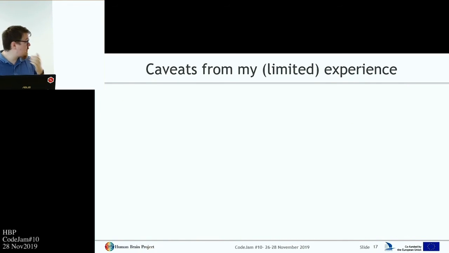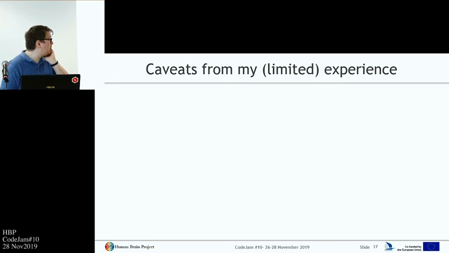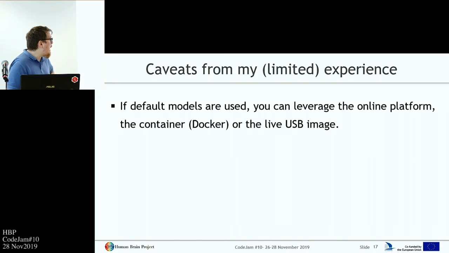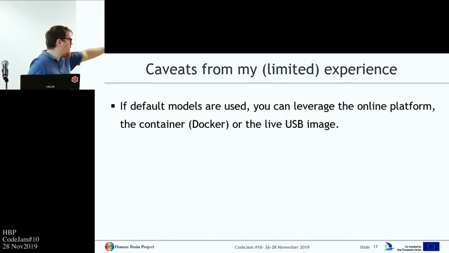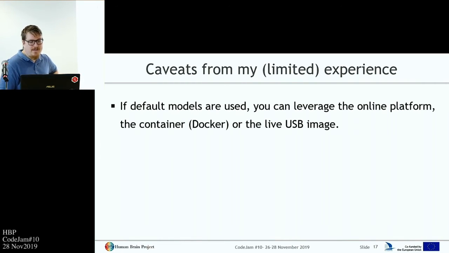And so some examples, well, before, some caveats from my limited experience with the NRP. Here we have NRP guys, who are more expert on this. If you want to use default models, then go with the online platform or the container or the live USB image, so the standard, the default NRP.